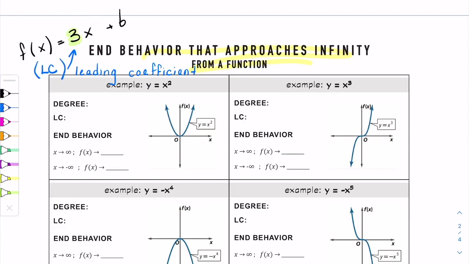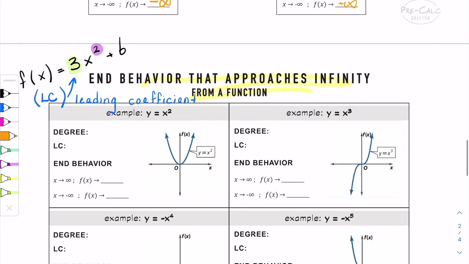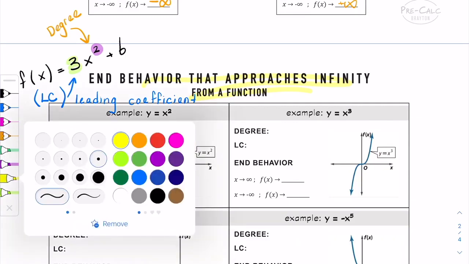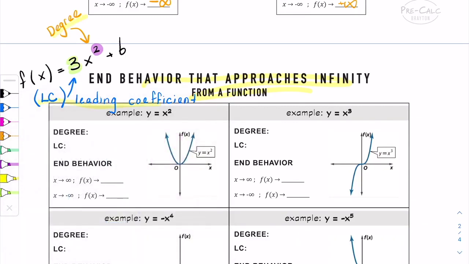This number right here is called the degree. And the degree is always the largest exponent. So knowing those two things, knowing what the leading coefficient and the degree is, will tell us what the end behavior is.